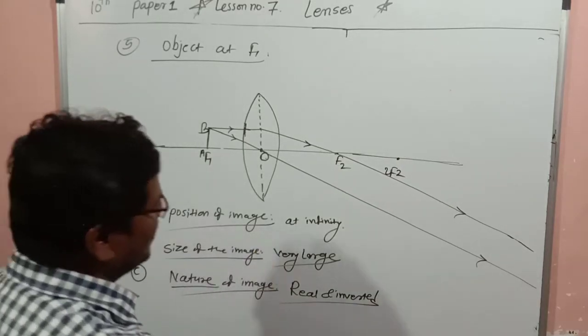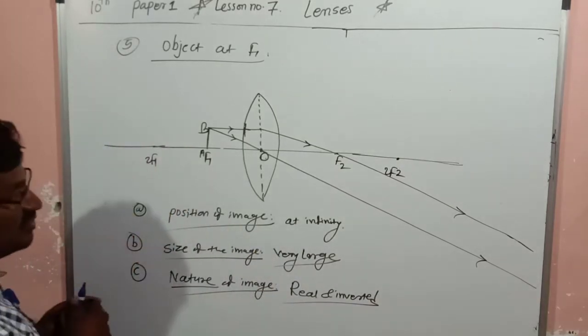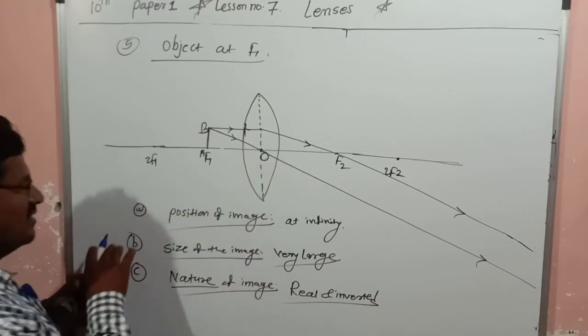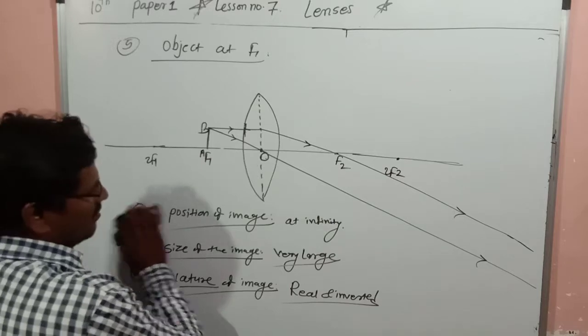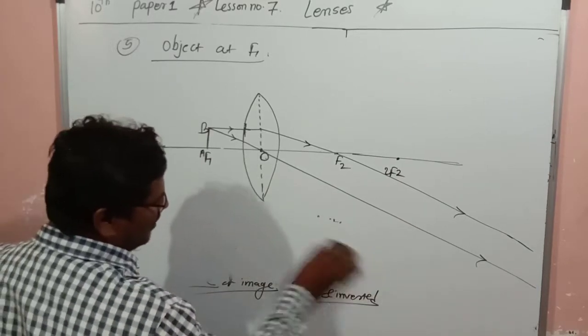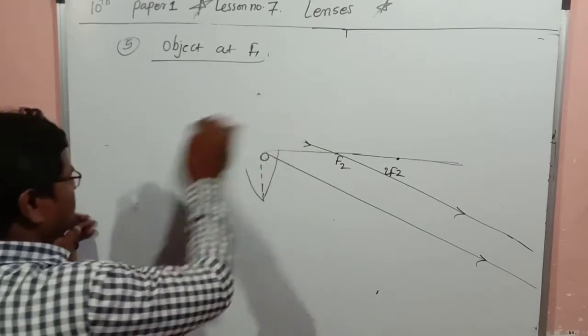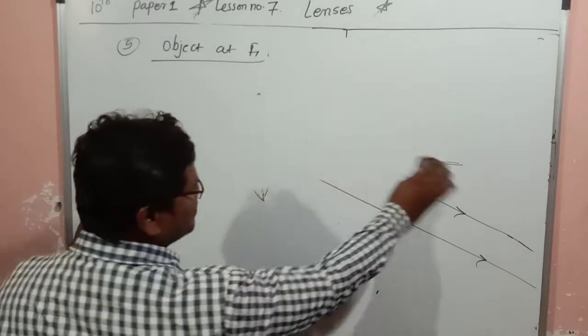So next, the last position we are going to study, where the object will be between F1 and O. This is the 6th position, the object between F1 and O. We'll see how the ray diagram is drawn.